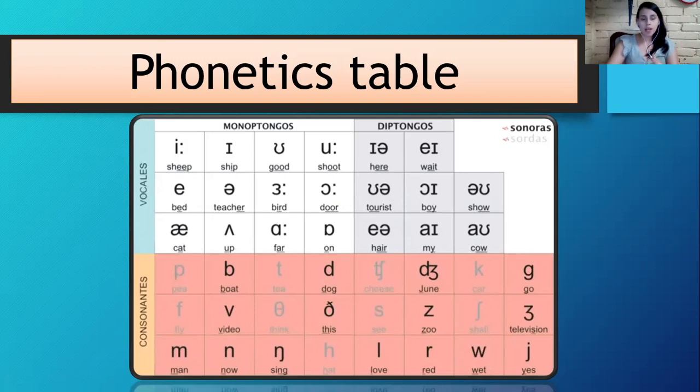In English, there are 24 consonants. These are the ones that have been most difficult for me. So, the first sound that is very difficult for me is this.